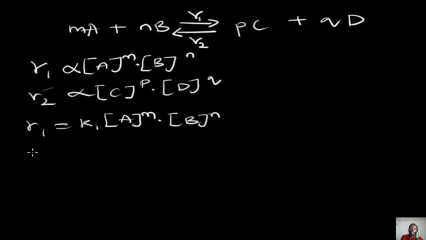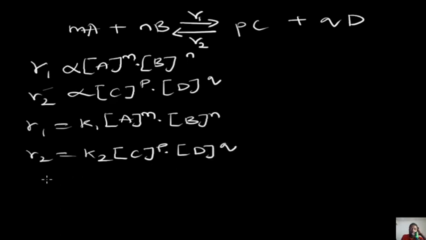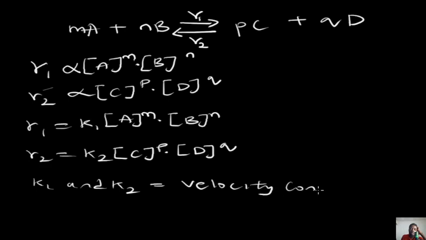While on the other hand, R2 will now equal K2 times the concentration of C raised to power p multiplied by the concentration of D raised to power q. So mind you, K1 and K2 are constants which are referred to as velocity constants. Velocity constants. It's important you take note of this.